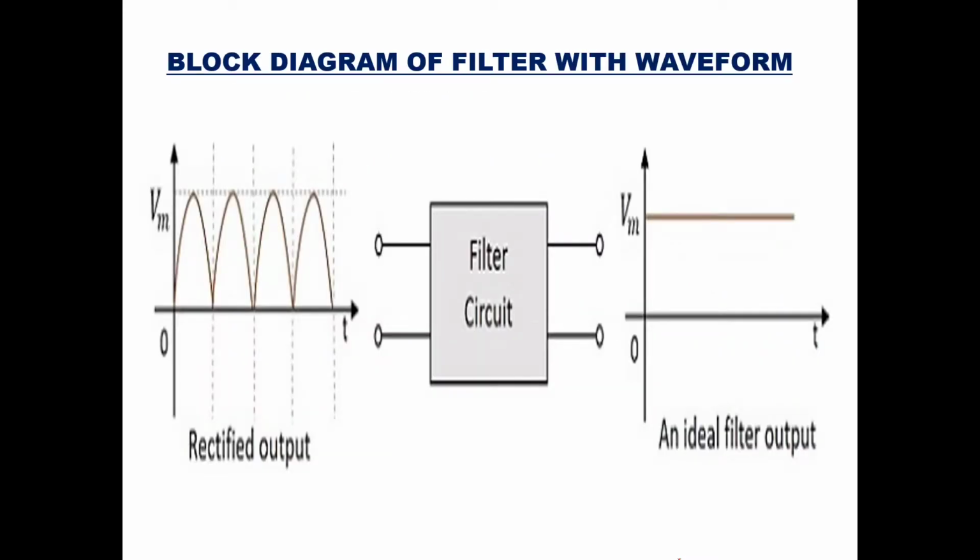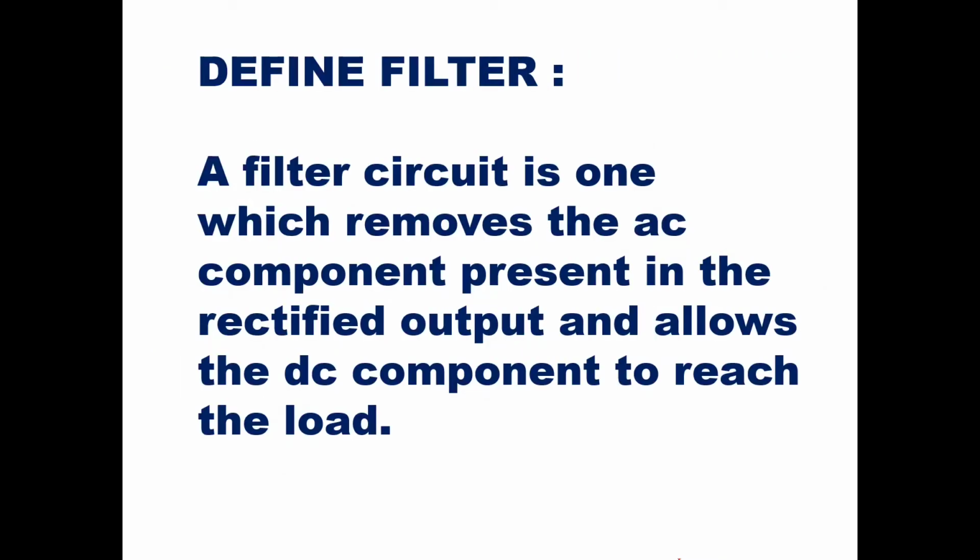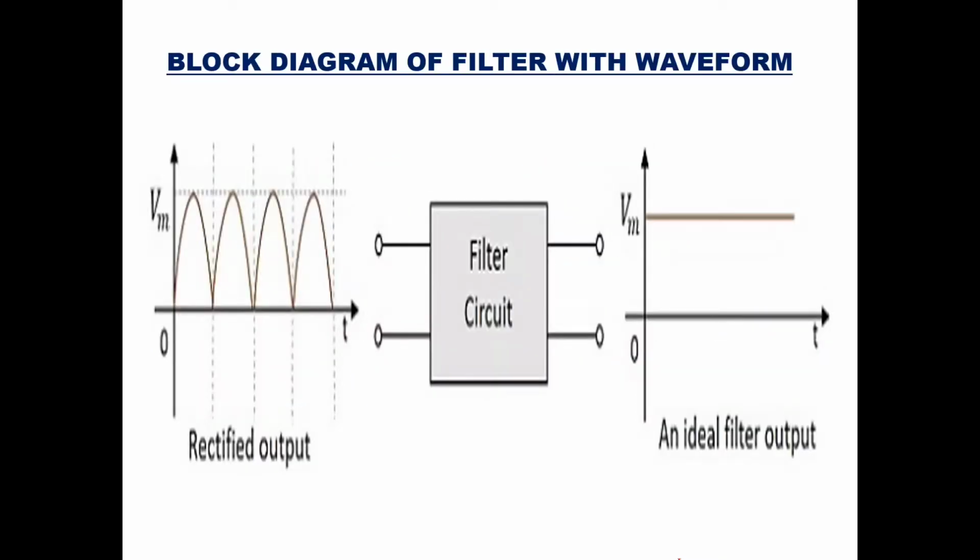Then if you see the block diagram of the filter here, you can see a block of the filter, then the input, which is the rectifier output, and the output, which is a straight line. This rectifier output is the output of a full wave rectifier.